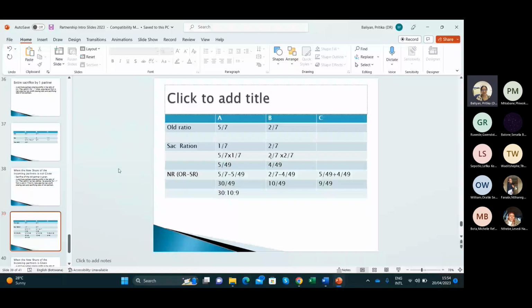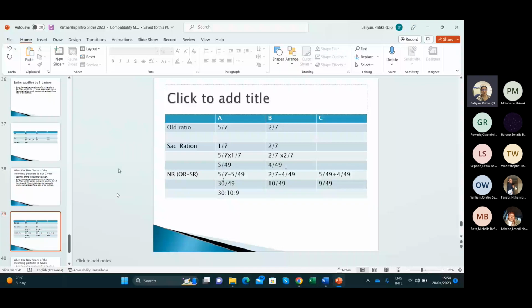This is the portion given by A and B to C. So C's portion becomes 5/49 plus 4/49, 5 plus 4, 9/49.